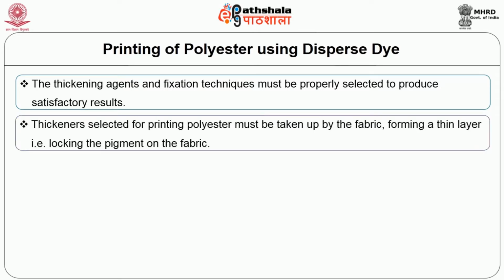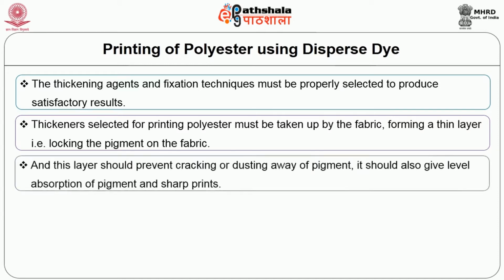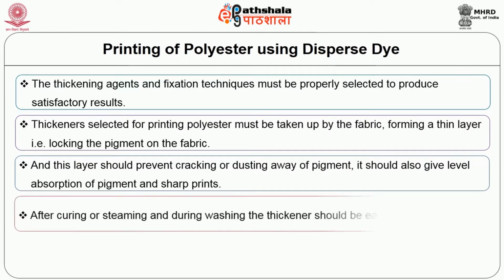Thickeners selected for printing polyester must be taken up by the fabric, forming a thin layer that is locking the pigment on the fabric. And this layer should prevent cracking or dusting away of pigment. It should also give level absorption of pigment and sharp prints. After curing or steaming and during washing, the thickener should be easily removable.